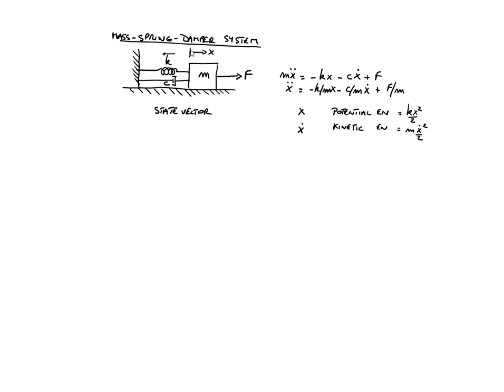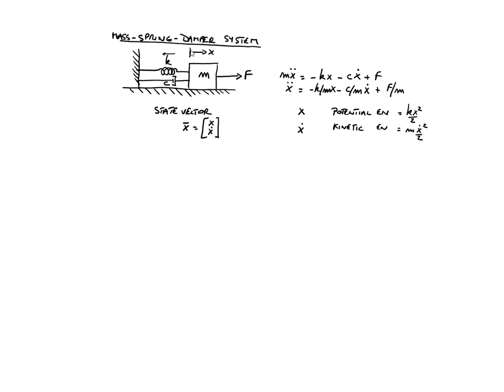So we have to take these two variables in the state vector, so I'll call the state vector x bar, and it is x and x dot. So the state vector is in R2. There are two state variables, so it's a second order system, which makes sense, right?